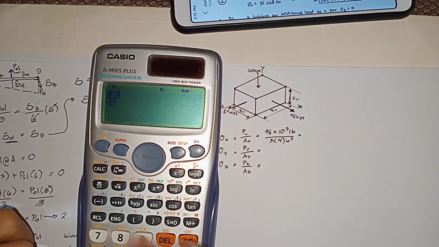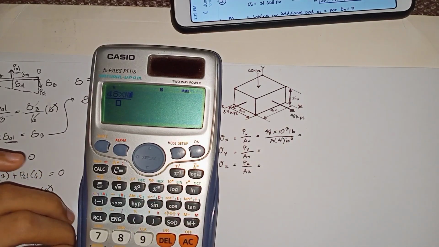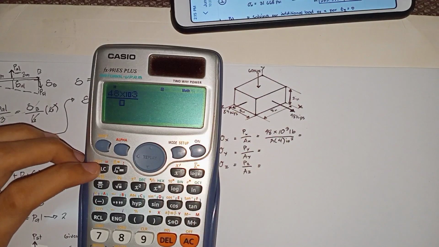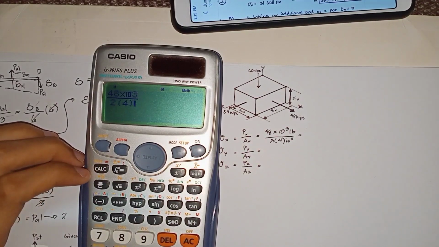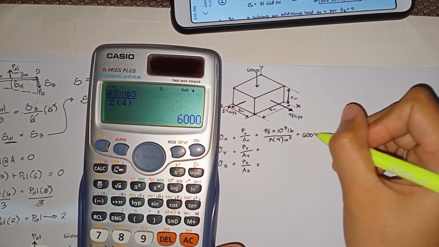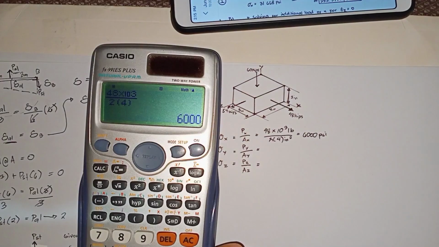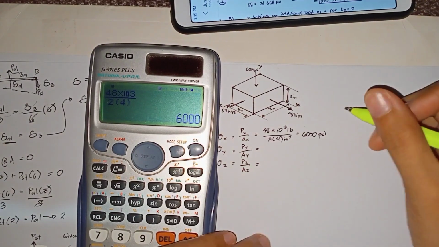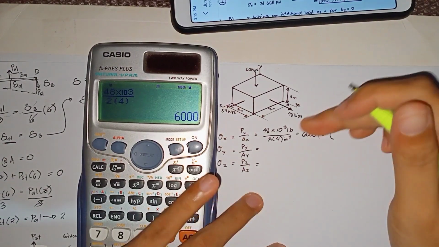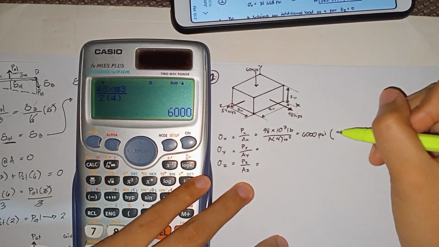So, 48 times 10 raised to 3 all over 2 times 4, and that is equal to 6,000 PSI rather. So we have 6,000 PSI.